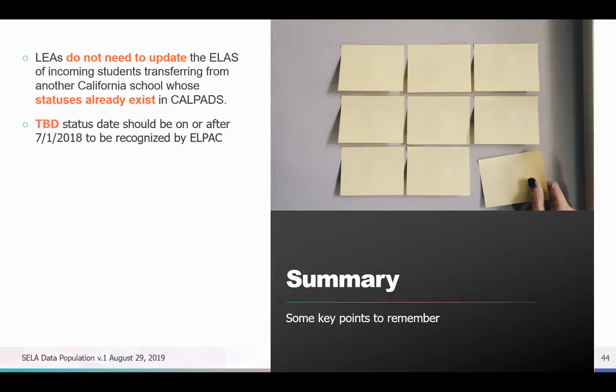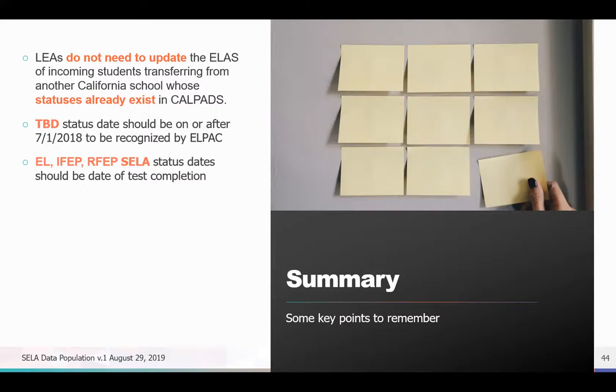By now, this should not be an issue because we're now in the new academic year, and so the status date of TBD should be any date beyond 7/1/2018.